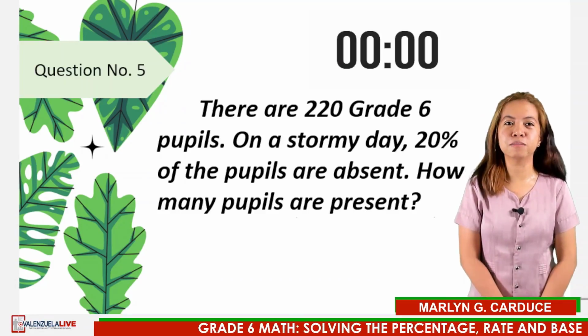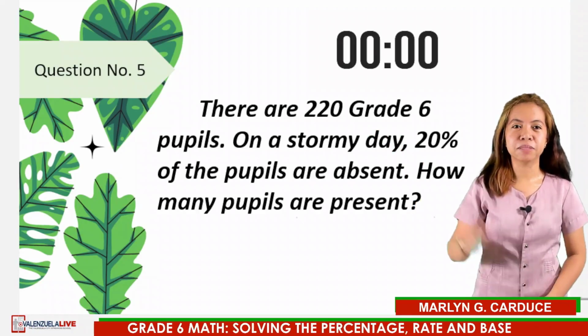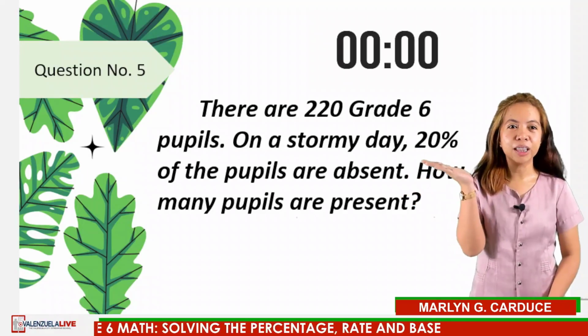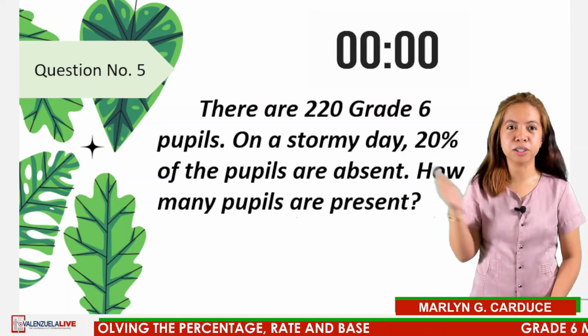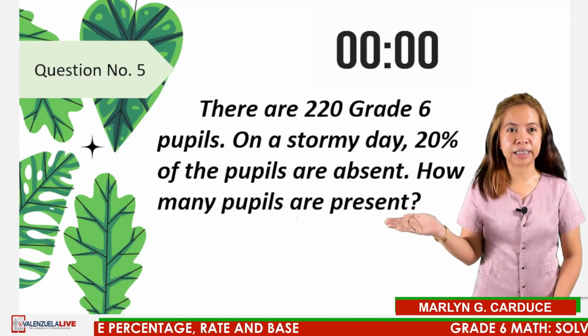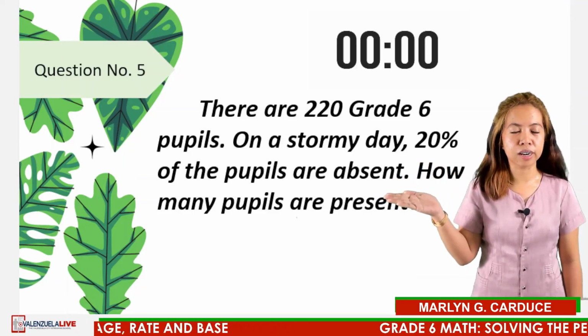Okay, so in this problem, 220 will be our base because this is the total number of the grade 6 pupils, and 20% here will not be our base because we are looking for the number of pupils who are present, and 20% here represents the number of pupils who are absent.